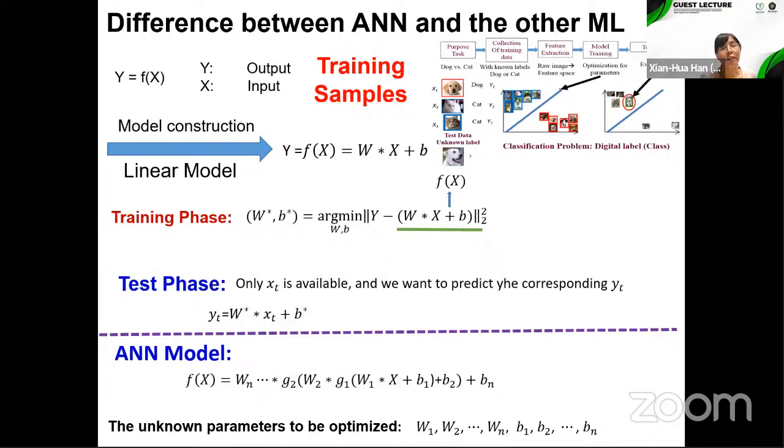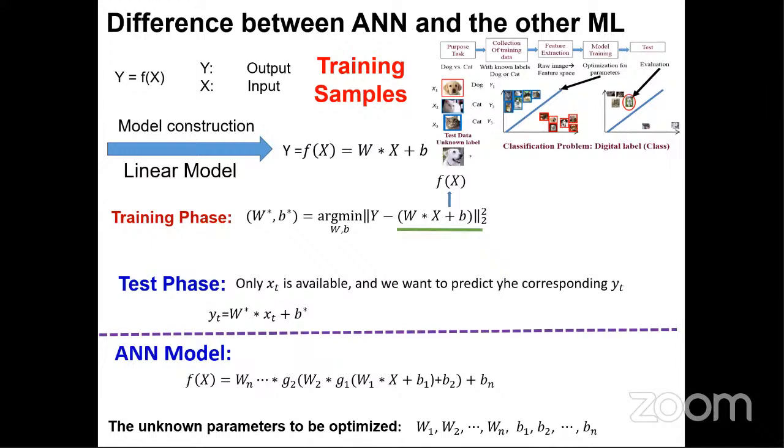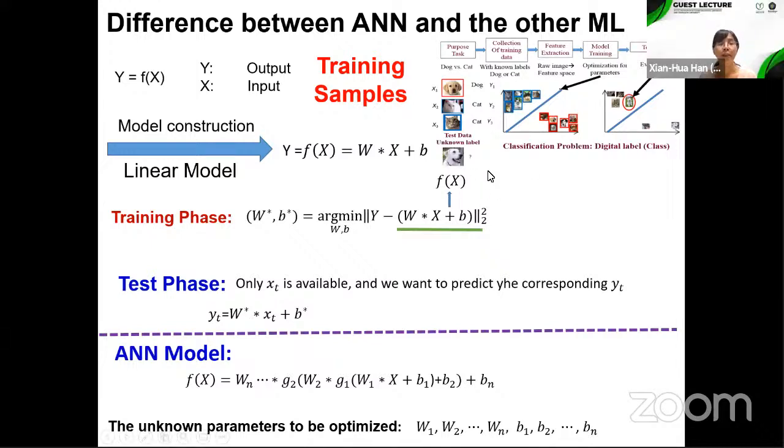So what's the difference between the traditional machine learning methods and neural networks?